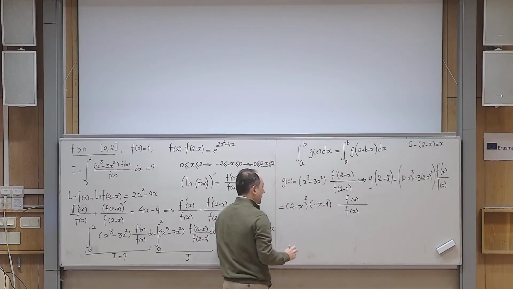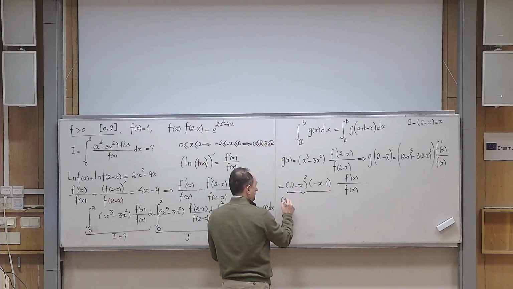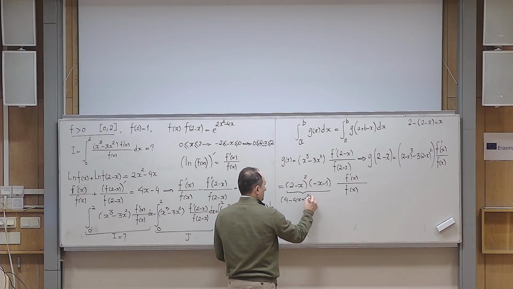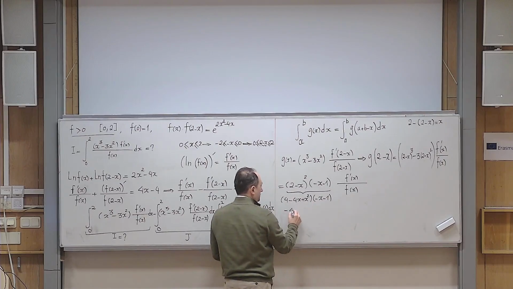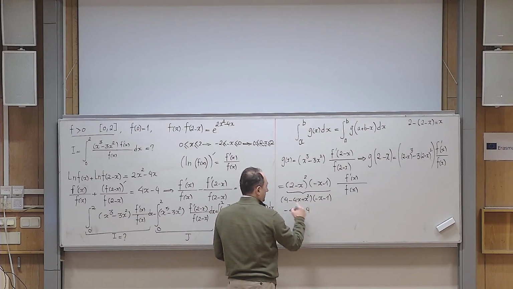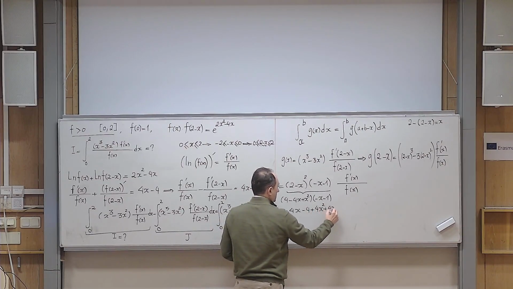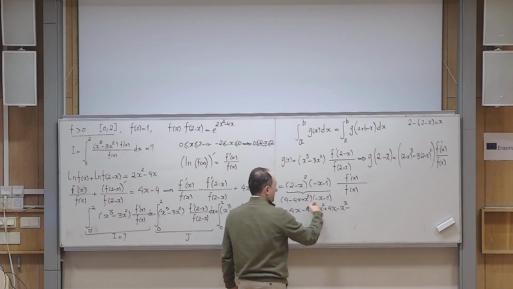But let us see what happens here. I have to open it up. So this one is 4 minus 4x plus x squared, and this is minus x minus 1. If I multiply this, it becomes minus 4x minus 4. This becomes plus 4x squared plus 4x. And this becomes minus x cubed minus x squared.